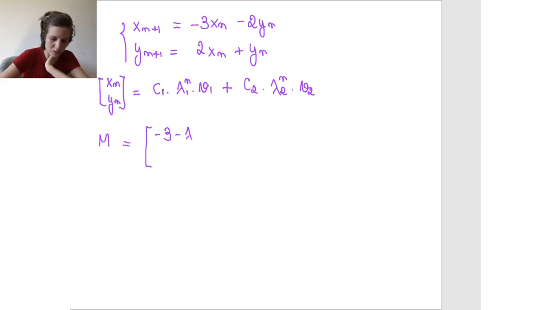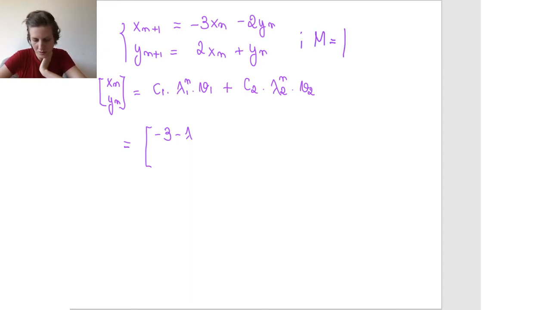So we need to calculate the matrix M, it's equal to minus 3, minus 2, 2, 1.